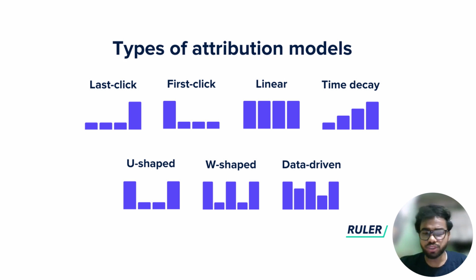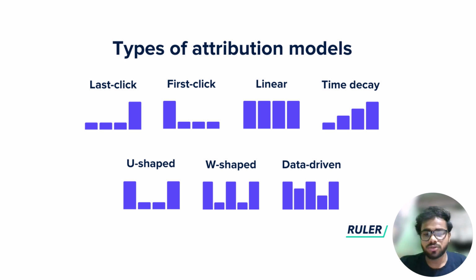In a U-shaped or position-based model, the first touch point and last touch point get 40% each, and the rest of the touch points receive the remaining 20%. This is what we have discussed previously, and here we are just doing a recap.